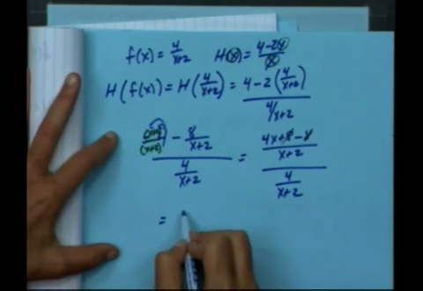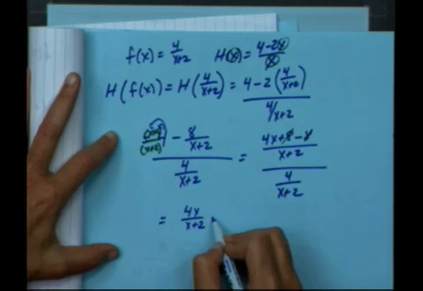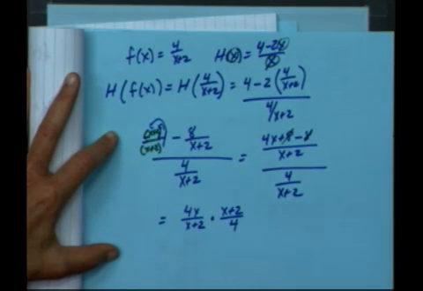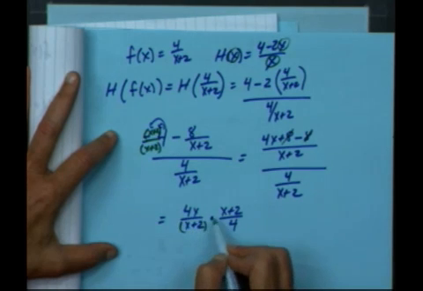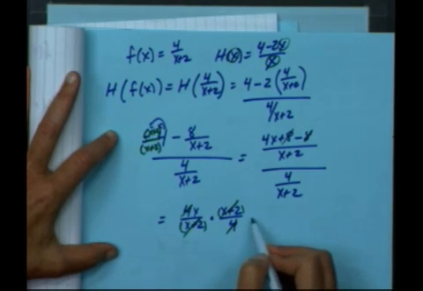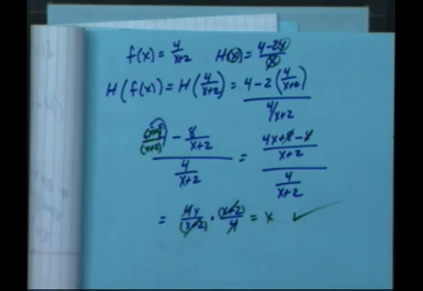And now we have 4x over x plus 2 divided by 4 over x plus 2, and we're going to invert and multiply. And you see the factors x plus 2 divides out, the 4's divide out, and we're left with x. Okay? So we have verified inverse functions.